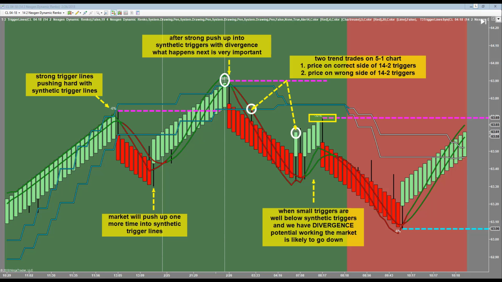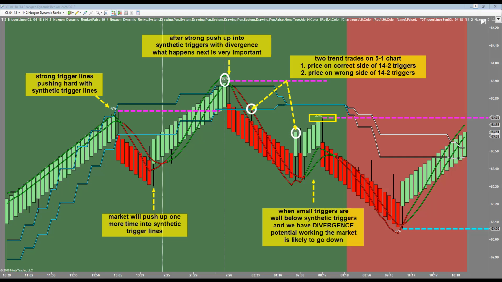Once you have the reversal in the market, you'll see we end up with two looks that are very good for trend trades on our smaller chart. The first circle has price below our 14-2 small triggers, and the second trend trade short has price above our 14-2 triggers.